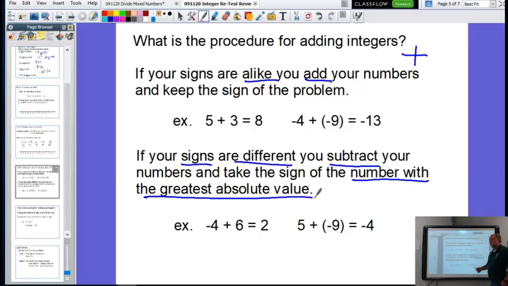In other words, the number farthest from 0, that's the sign you take. -4 plus 6, well, my signs are different, so I subtract. 6 take away 4 is 2. The 6 is farthest away, so it's a +2. 5 plus -9, my signs are different, I subtract. The 9 is farthest away from 0, so it's a -4.